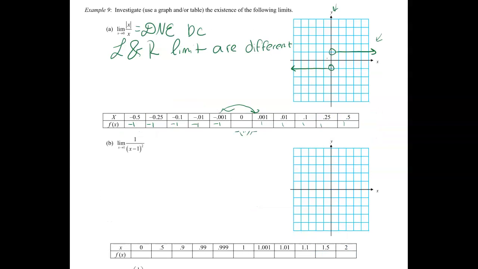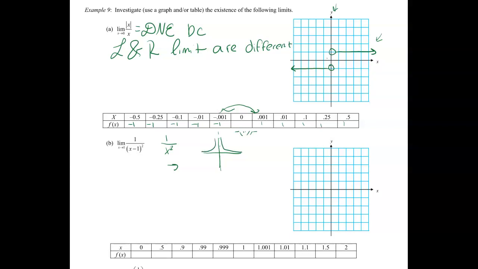So this is just the parent function y equals 1/x². All that's going to happen is I'm going to take this parent function and shift it to the right. That parent function looked something like this: I've got an asymptote sitting here, and then a little wee-oop graph.